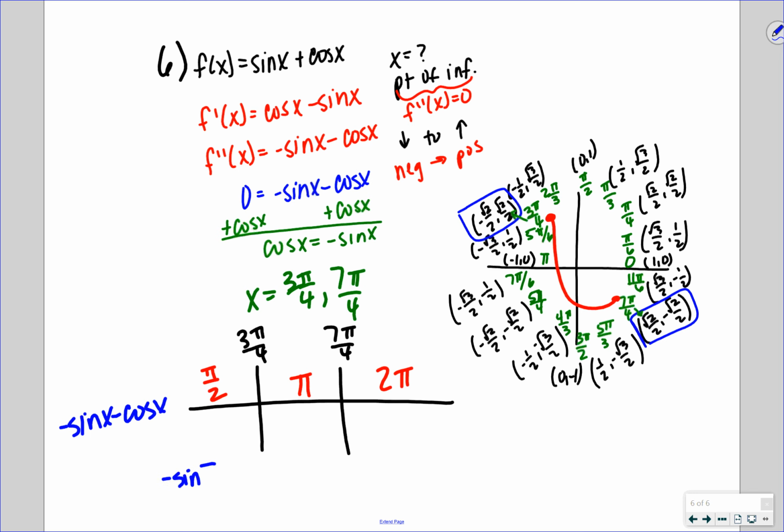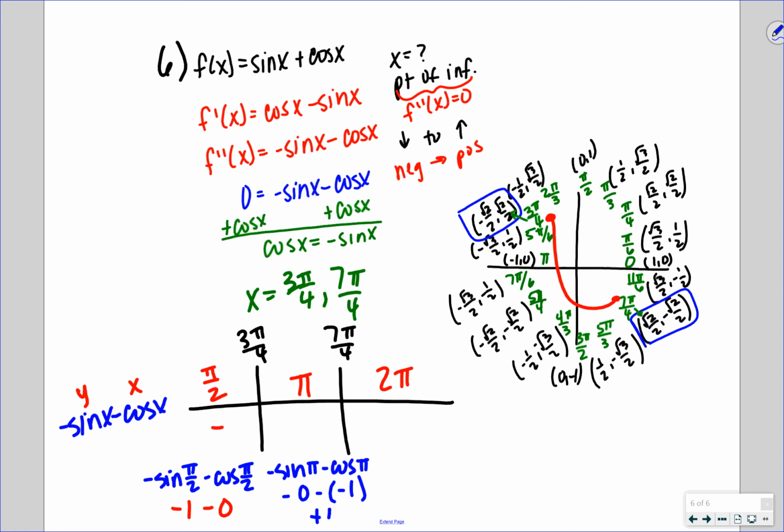So I have negative sine of pi over 2 minus cosine pi over 2. Pi over 2 is up there at 90 degrees. My negative sine is my y value, cosine is my x. Negative sine would be a negative 1, minus cosine, minus 0, negative number. Negative sine of pi minus cosine pi. Well, sine of pi is 0, negative 0, minus cosine, negative 1.